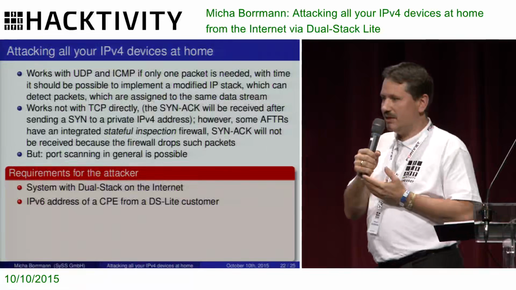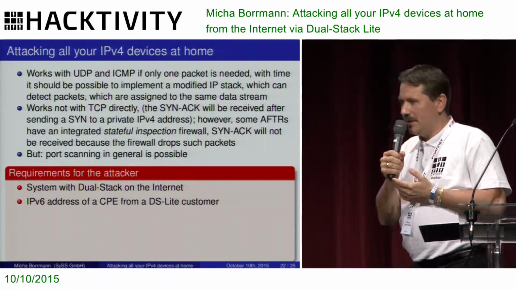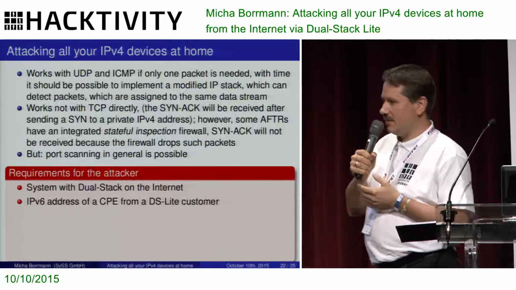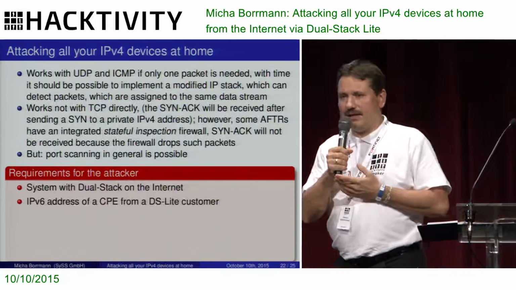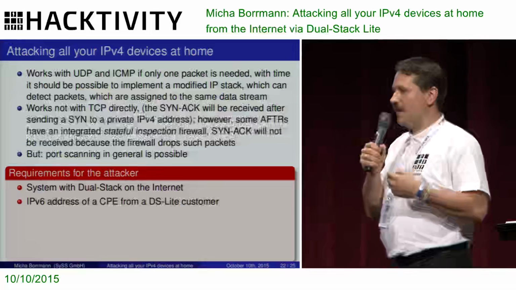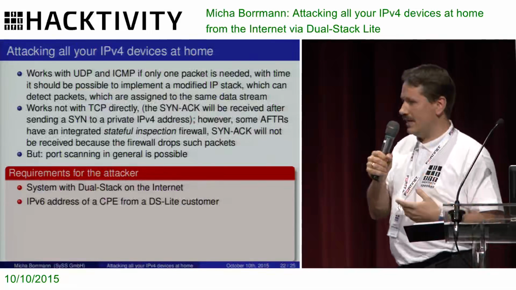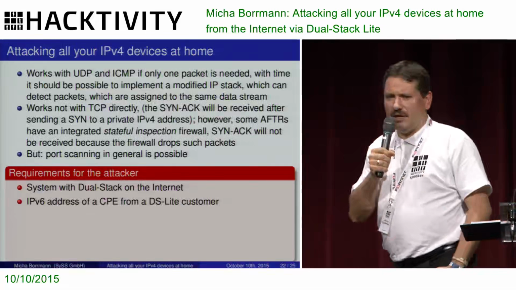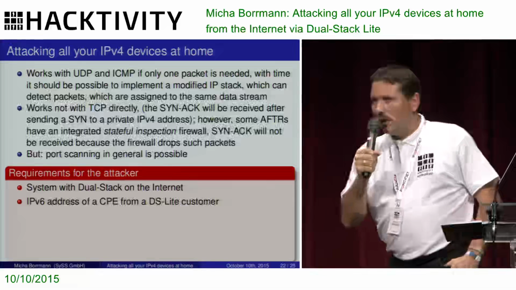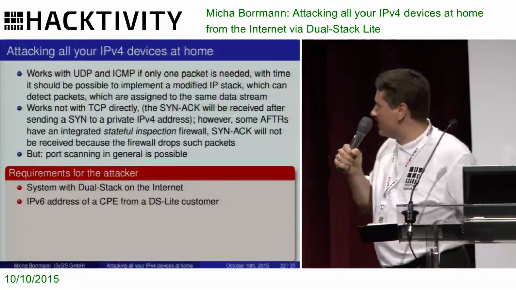Mostly the users don't know the IPv6 address of the CPE, because if they have an outgoing IPv6 connection and go to a website like "who am I", showing their IP address, it displays the IPv6 address of the device itself. If they go to an IPv4 site, the IPv4 address of the AFTR is displayed. The CPE IPv6 address is more or less a secret, but it's not a so-called secret.